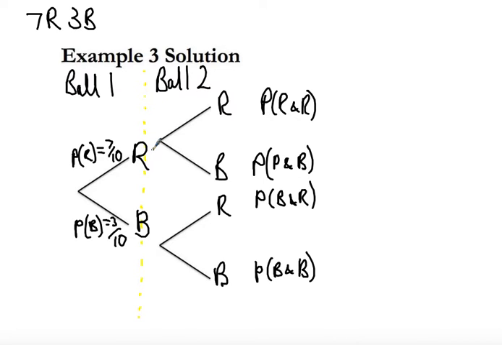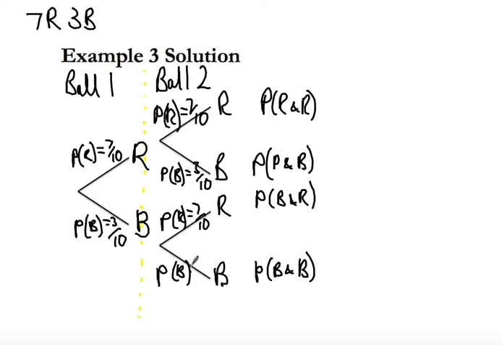When I put that ball back, it doesn't matter what colour ball I picked at the beginning, so the probability of a red here is still 7 over 10, and the probability of a blue is still 3 out of 10. This is the same for all these branches in this example: red equals 7 over 10, and blue equals 3 over 10.